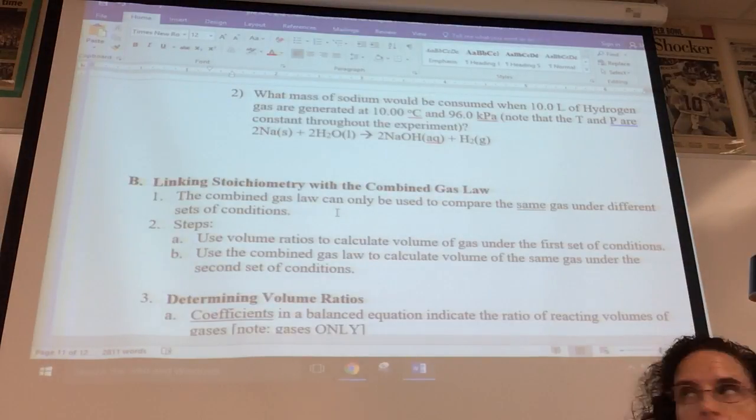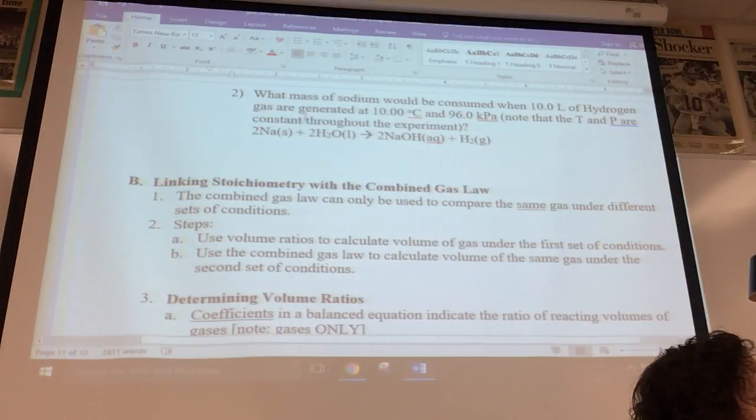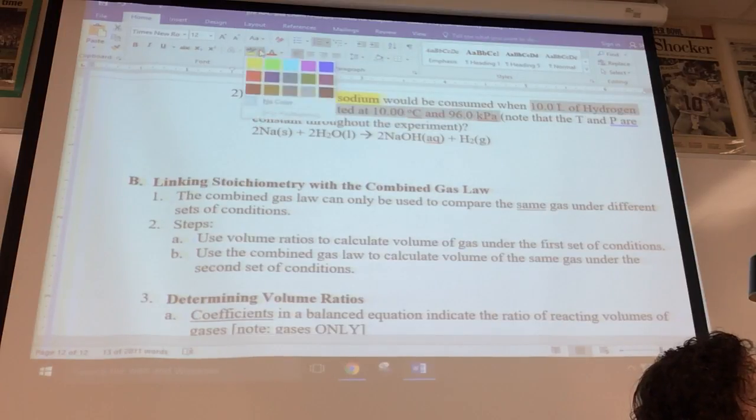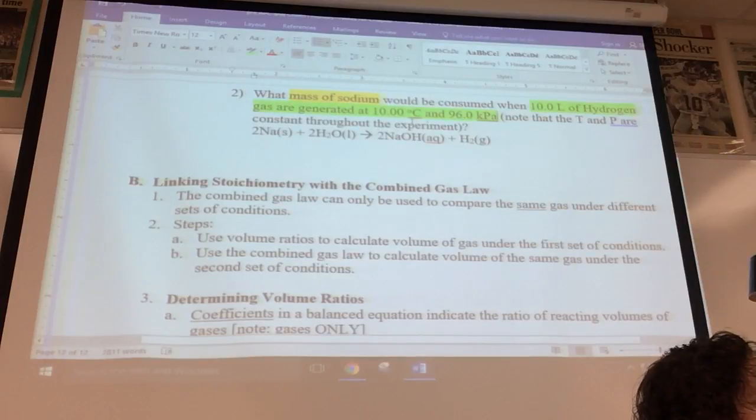The second example says, what mass of sodium would be consumed? That's what we're solving for. We have 10 liters of hydrogen gas at 10 degrees Celsius and 96 kPa. You're not going to alter the temperature or pressure throughout the experiment. The equation is given here as well.